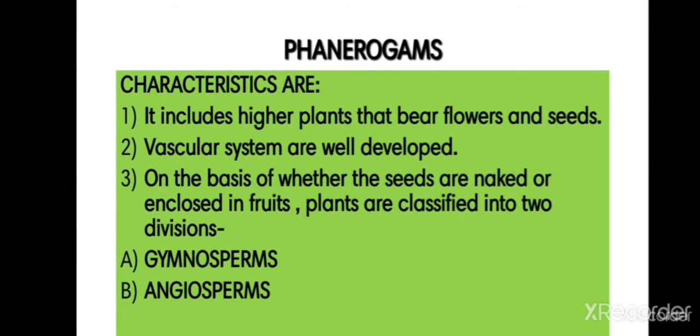All the plants that bear flowers and seeds are put under a separate subkingdom, that is Phanerogams. This group has a diverse range of plants which bear beautiful flowers and seeds. They also have a highly advanced vascular system for the conduction of water and minerals and transportation of food.